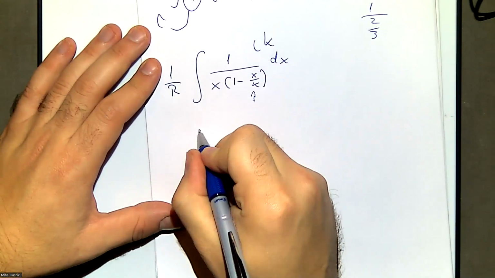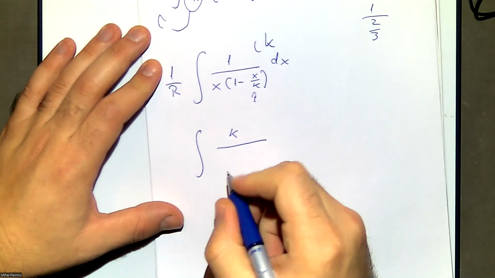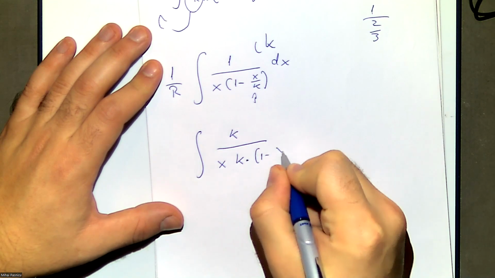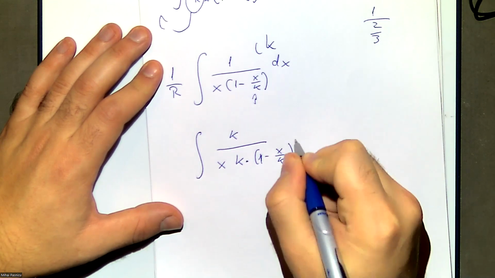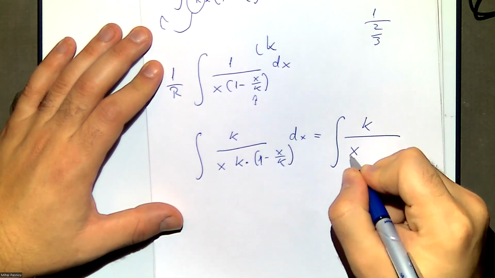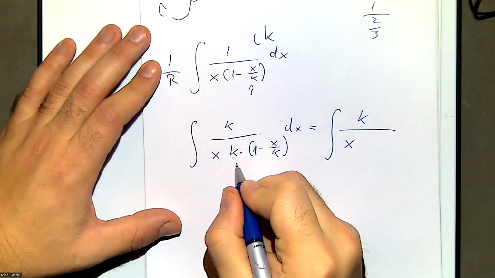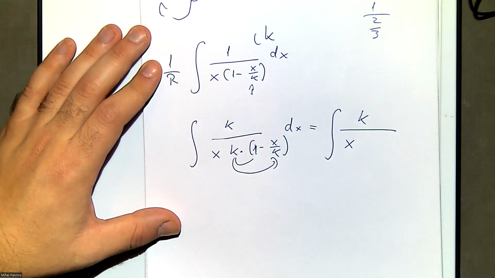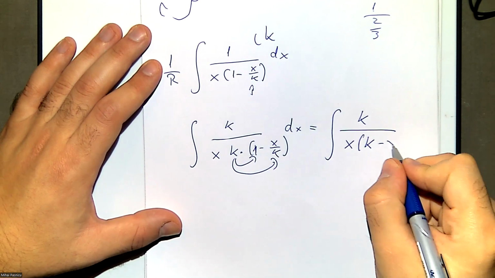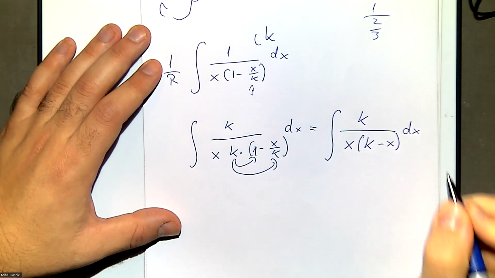So I'm going to get the integral of k x times 1 minus x over k, dx. So this is just k x, and I'm just going to multiply this k with both the terms inside. So I get k minus x, dx.